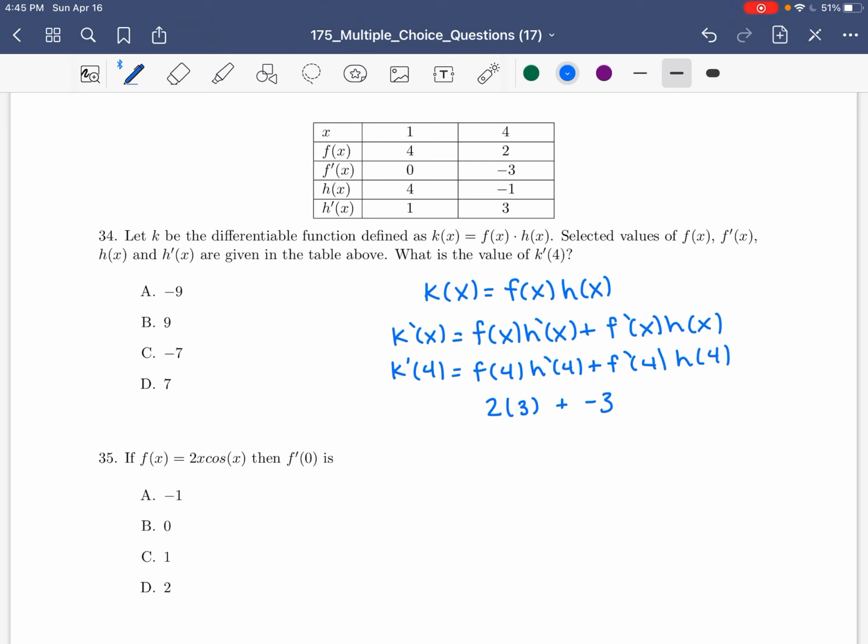H of 4 is going to be -1. So then I'm left with 6 plus 3, which gives me 9. So my answer is B.